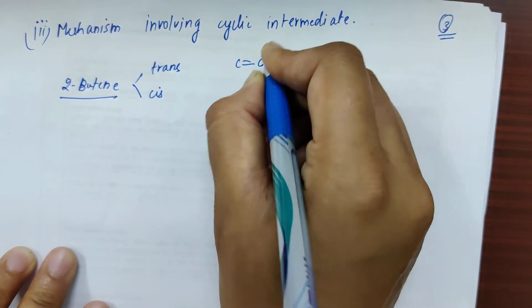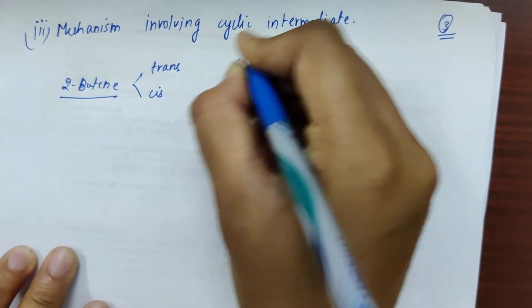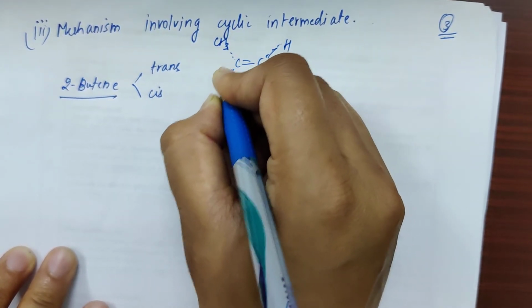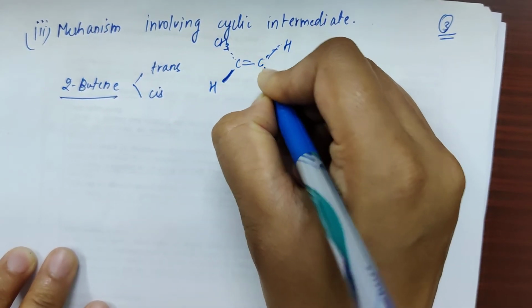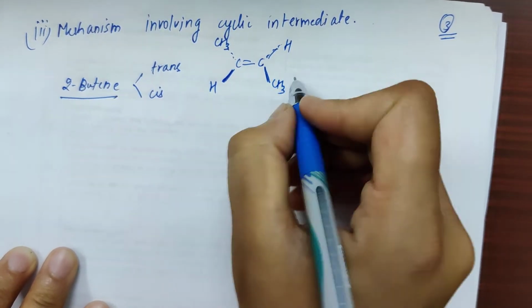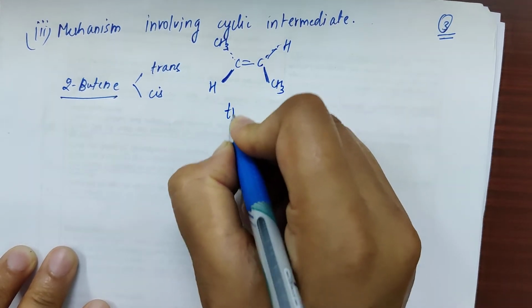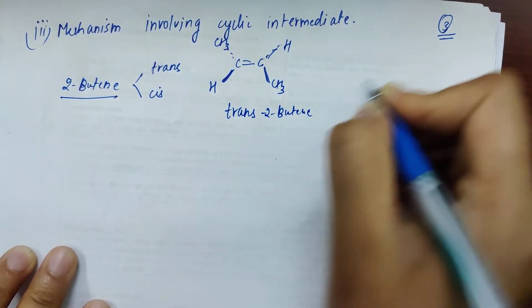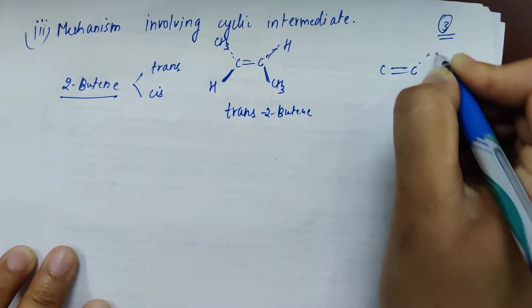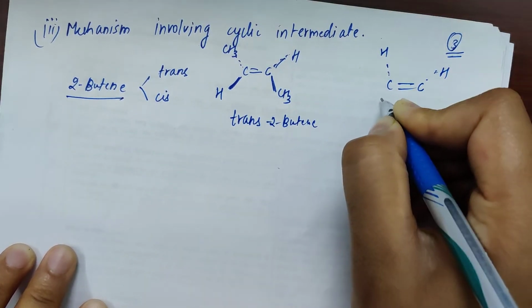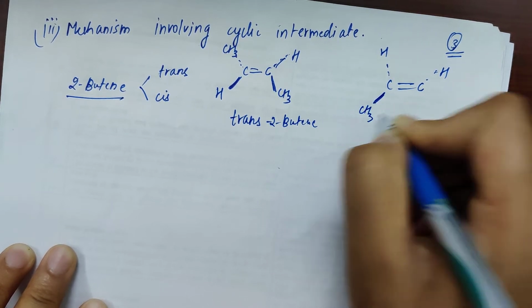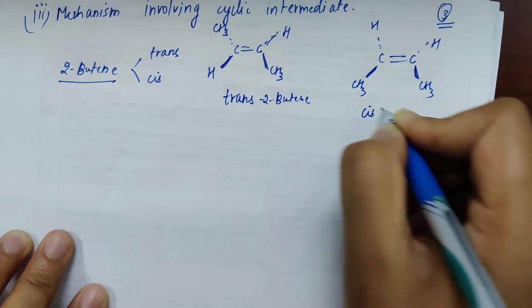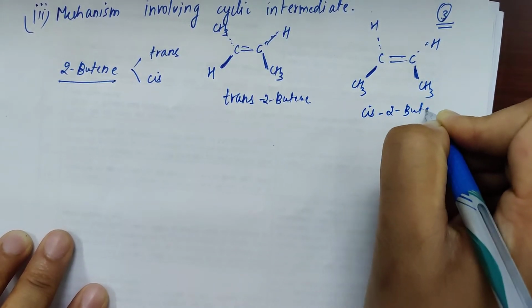So if you write the molecule something like this, this is your trans-2-butene, and if you write it as this, this is your cis-2-butene. Okay.